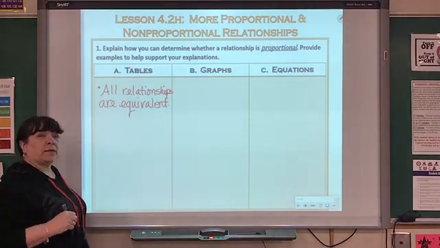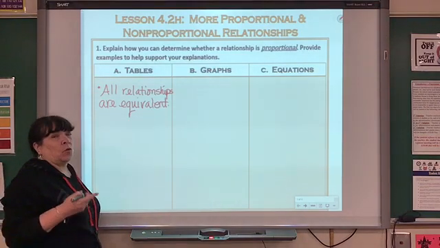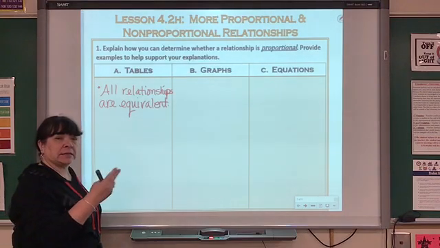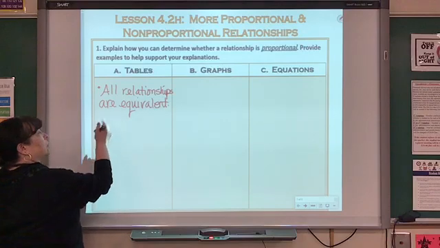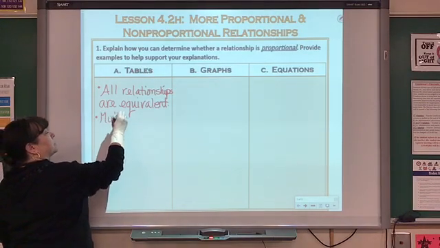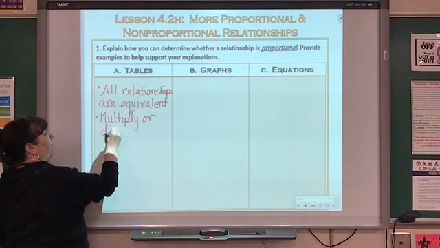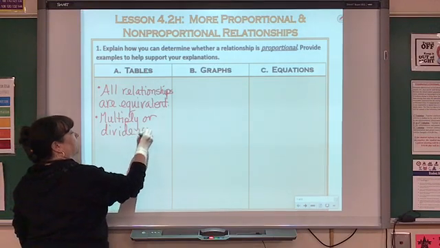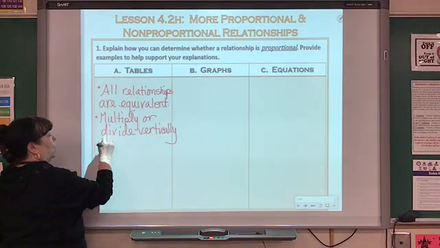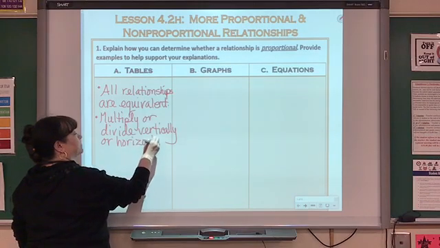What that means is that we have multiplication or division relationships both vertically as well as horizontally. So we can multiply or divide vertically or horizontally.